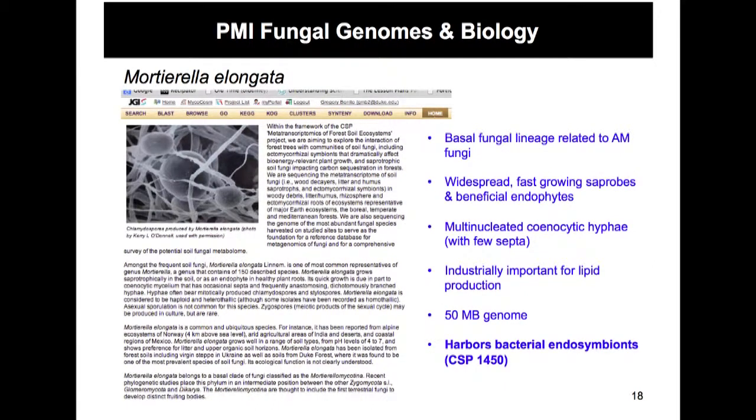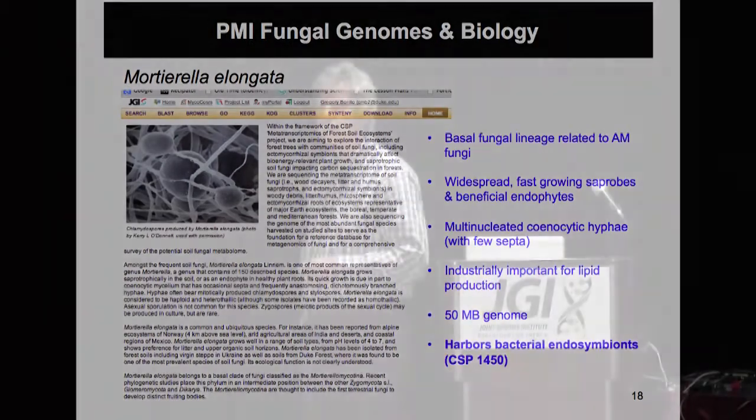This is one of the basal lineages that Mary mentioned, the Zygo1 group. And it's probably one of the most easily cultured fungi on the planet. I mean, if you culture soil, you'll get Mortierella, I guarantee it. It's an important fungus.